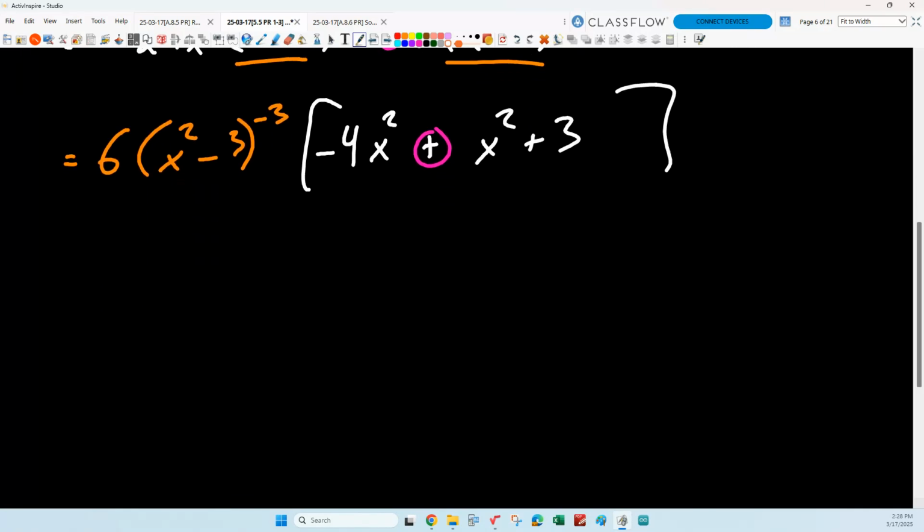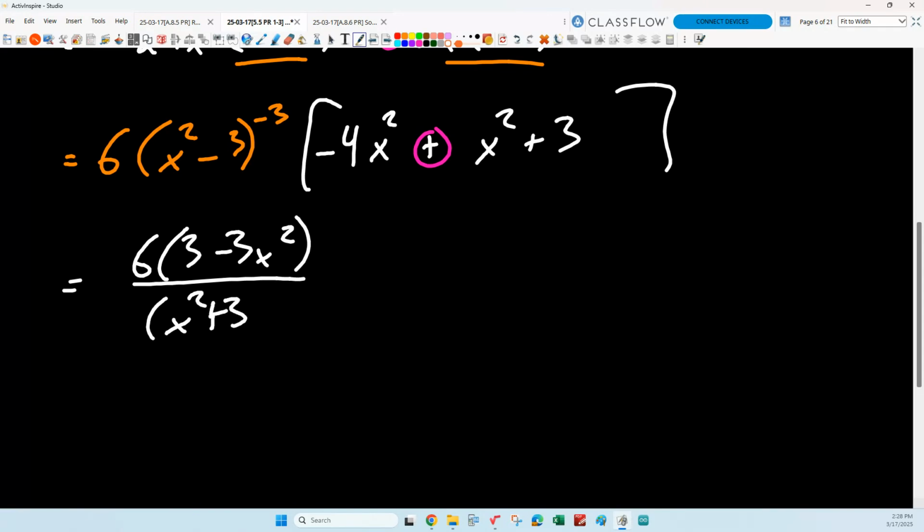Okay, and if we just combine everything and write this as a fraction, that gives me 3 minus 3x squared, right, times 6. And what else could I factor out to make that really clean? 3, yeah.